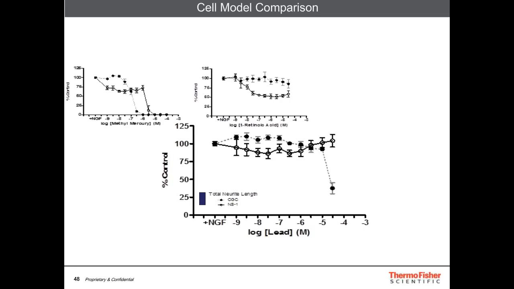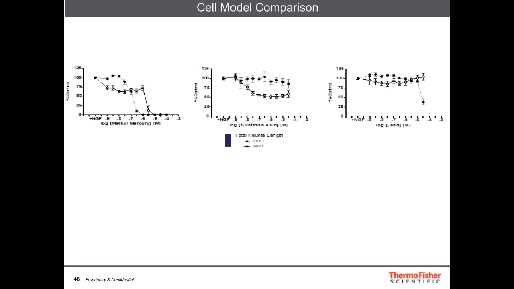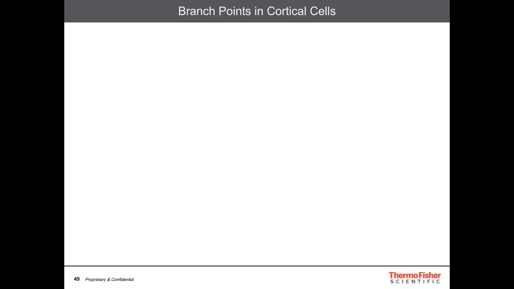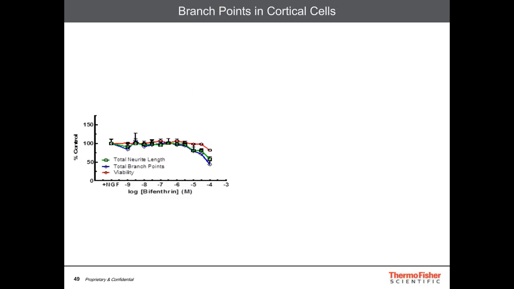It's even more drastic here with transretinoic acid. So as shown before, in the NS1 cells, we see this significant decrease in the neurite outgrowth. With the CGCs across all concentrations, we hardly see any change. And then finally, just to show that we actually saw increases in sensitivity with some of the compounds with the primaries, this is showing lead.